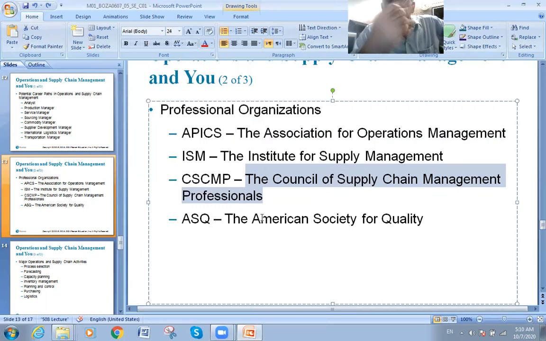Like the word logistics, when you search for logistics, it was used for the first time in World War II. Why? Because logistics means the catering which goes behind the army.